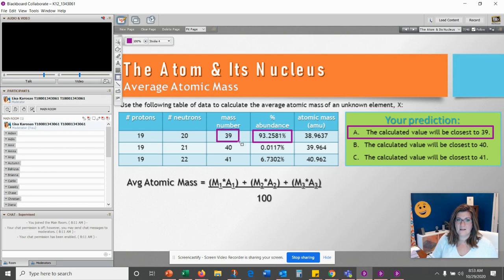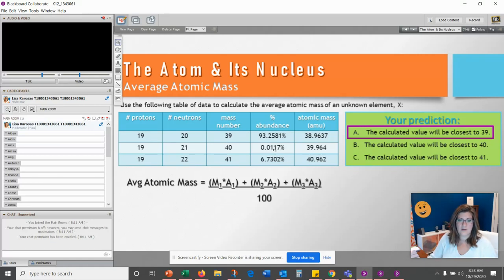And that means that the average that we calculate should be closest to 39. And that is the primary thing you're looking at when you're making your estimations. Now, if you come out with an answer that is 36 or 41 or even 40.5, you know that can't be right because your weighted average pulls closest to 39. And that's how the prediction helps you.